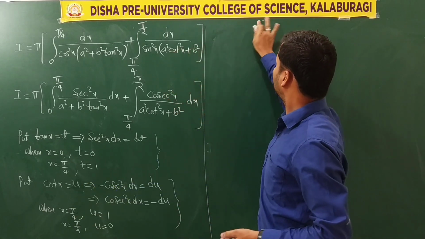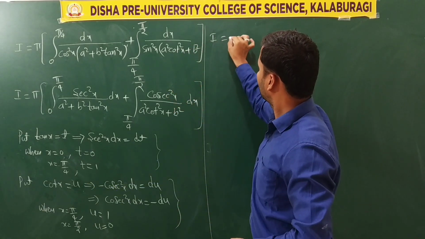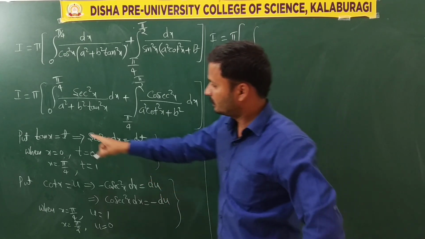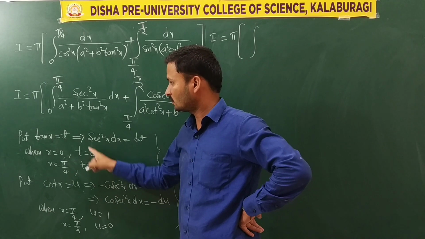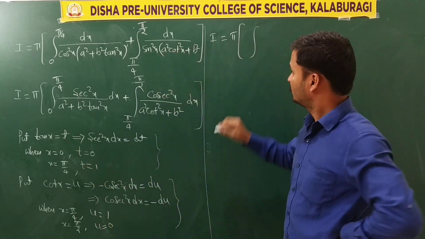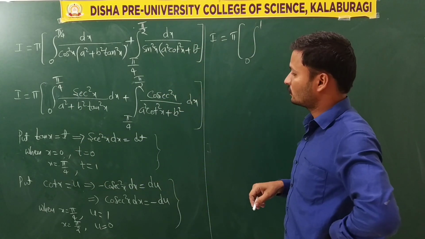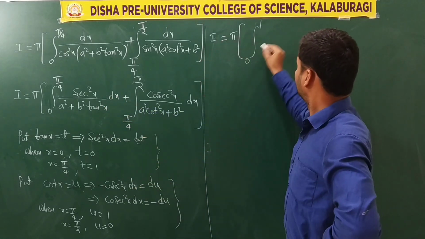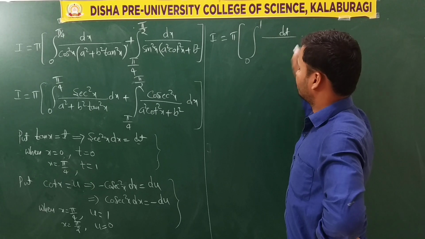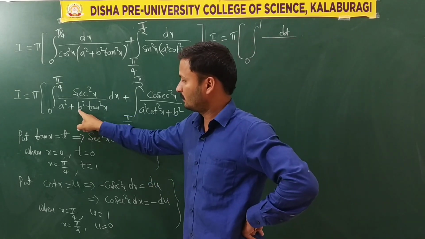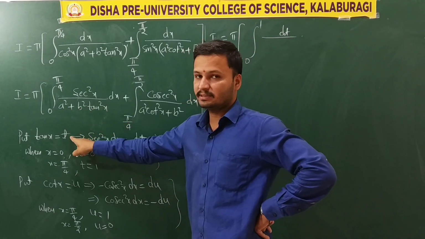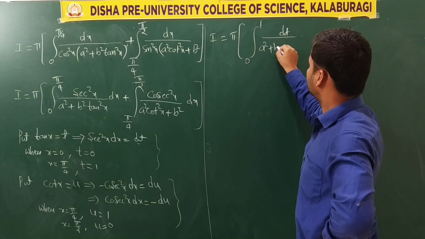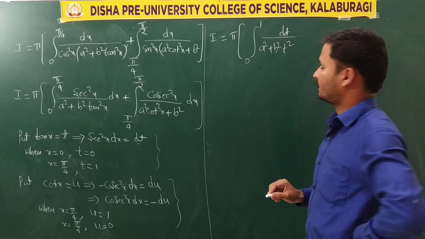So now integral I equals pi times the first integral. Here the lower limit is 0 and the upper limit is 1. On substitution, from 0 to 1, secant square x dx is dt, divided by the denominator a square plus b square, where tan x is t, so a square plus b square into t square.